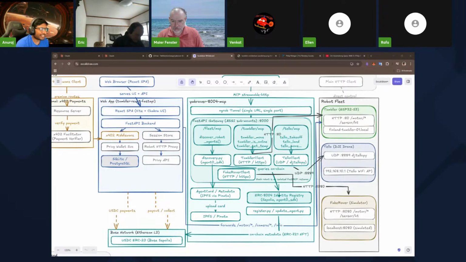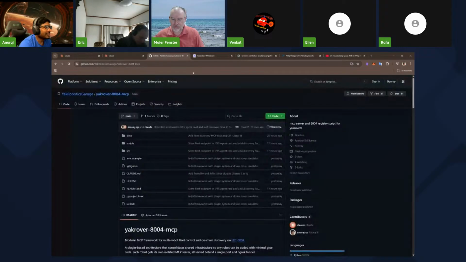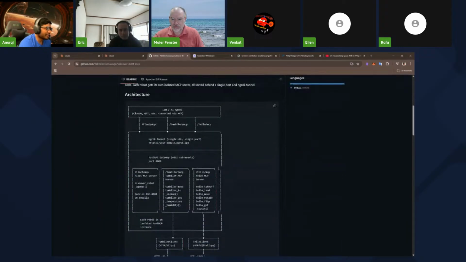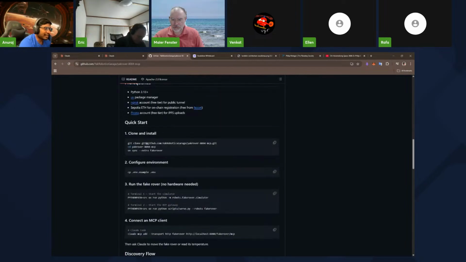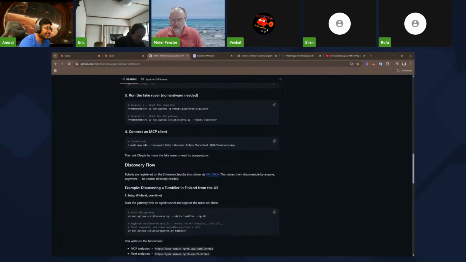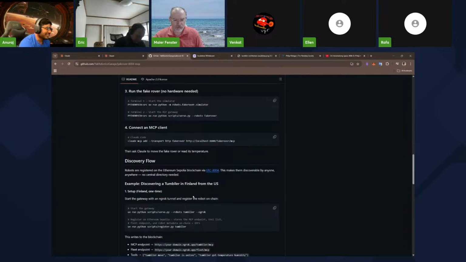Yeah. So this could be any robot, right? This is the architecture. One of the plans I was thinking about yesterday is that I could buy a Roomba-like robot. Some of these robots come with Matter, which is a home automation protocol.